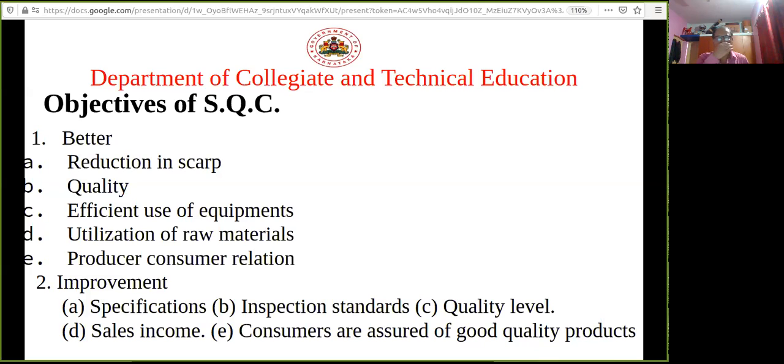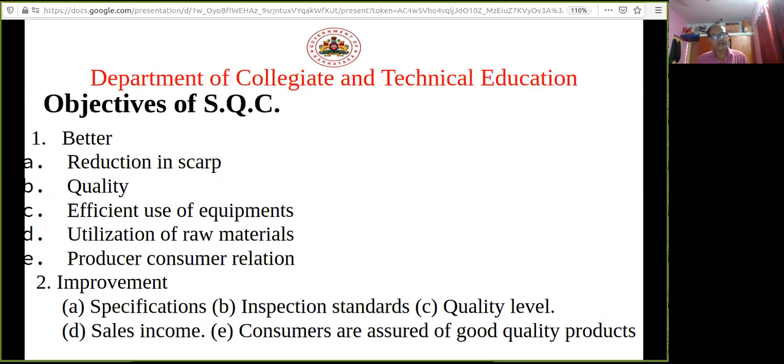So once again, I would like to tell you about the objectives of the statistical quality control. The first is better reductions in the scrap. We can reduce it; there is no question of scrap in statistical quality control. So reductions in the scrap and better quality of the products because of using the statistical quality control tools.